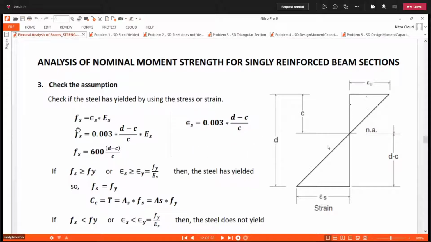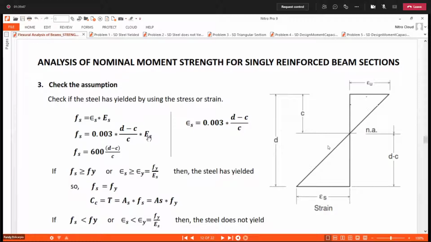Ngayon, kapag kinumpute natin yung Fs natin, at sinubstitute natin yung value ng epsilon S here, the result will be this one. And remember that the modulus of elasticity of the steel, yung Es natin, is 200,000 megapascal.